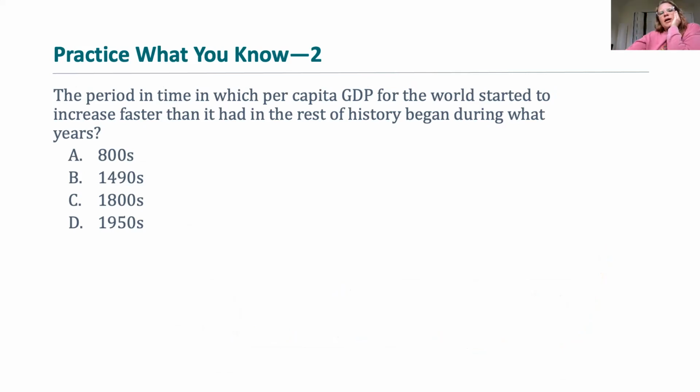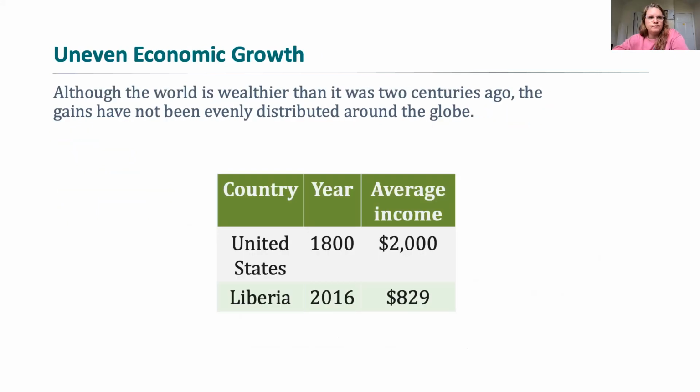So we can see here, if you were asked at what period in time per capita GDP really started to increase faster than it had the rest of history, we're looking at the 1800s, the period of the Industrial Revolution. It's important to note, while there is a lot of income inequality today, and income inequality is something that we are definitely going to address, overall, most people are much better off than we were just hundreds of years ago.